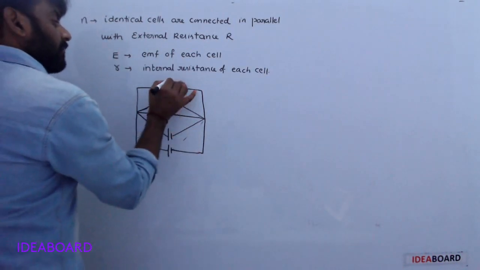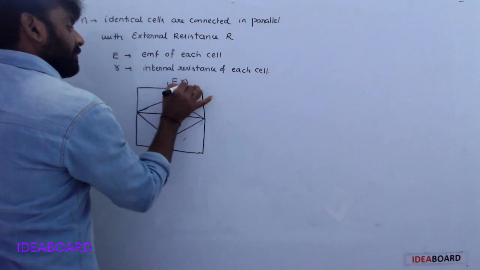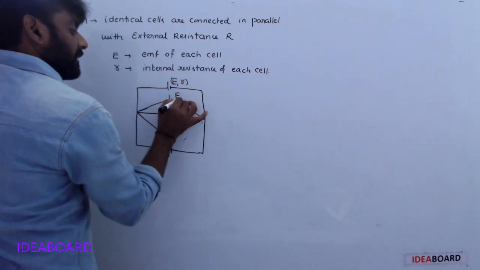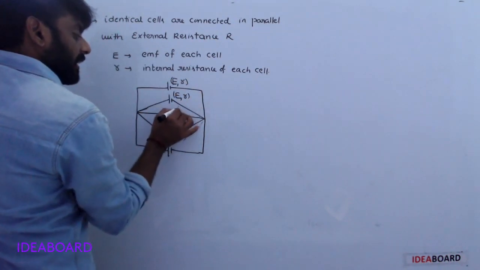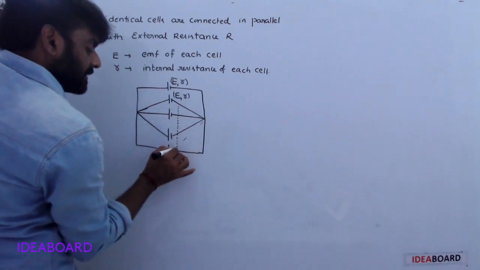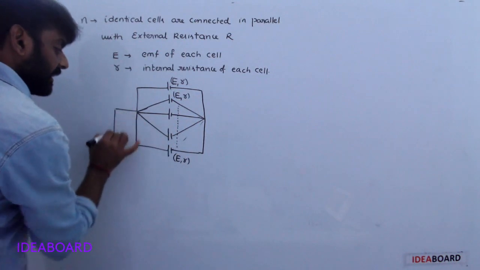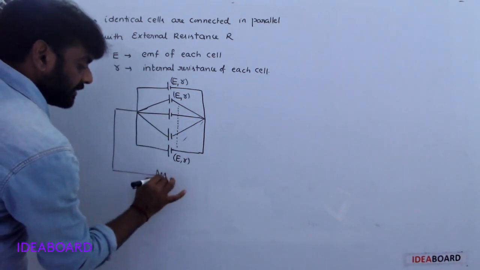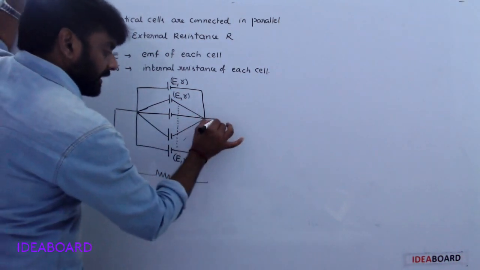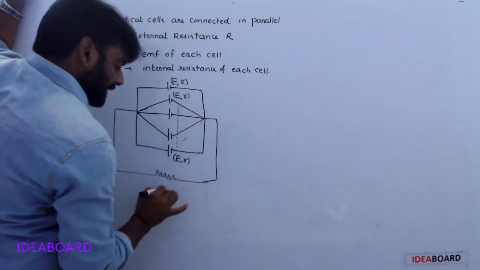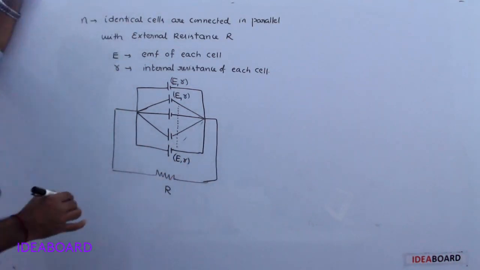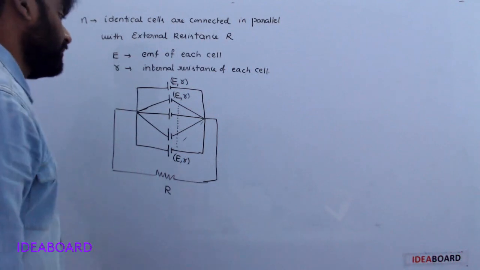Here first cell E comma r, second cell E comma r, like N cells, all the EMF is the same, the internal resistance is also the same, and all are connected to the external resistance R. Understood? Okay.